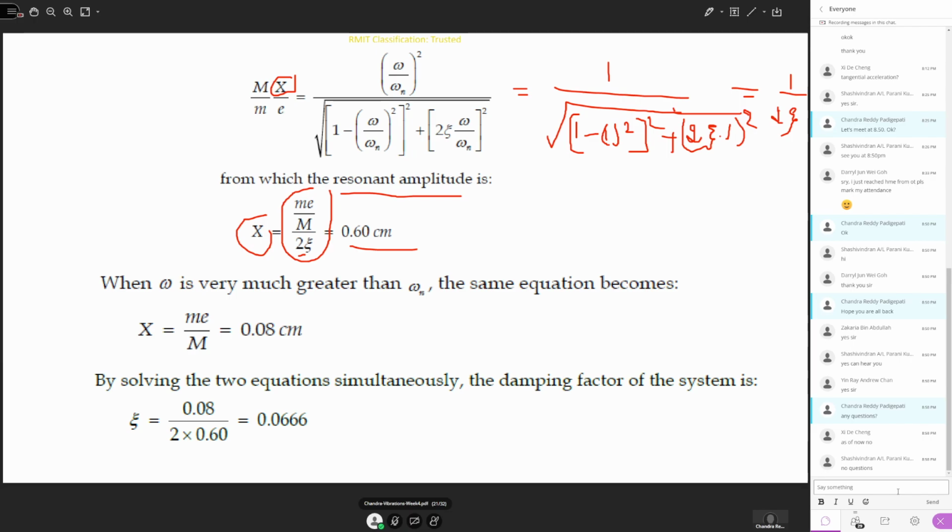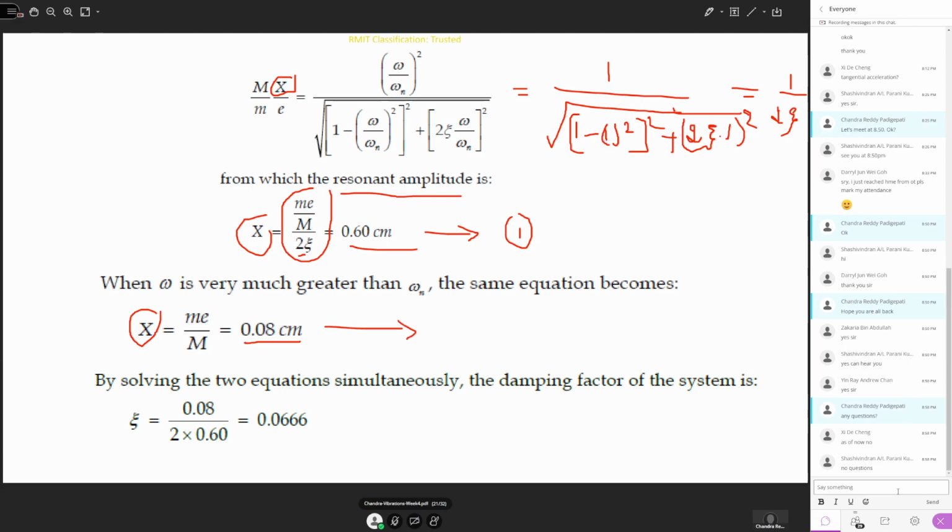When the frequency is much greater than the natural frequency of the system, the amplitude is given as 0.08 cm. So now we have two equations. What is the amplitude here? We can just write it as MU over capital M. So that is 0.08.